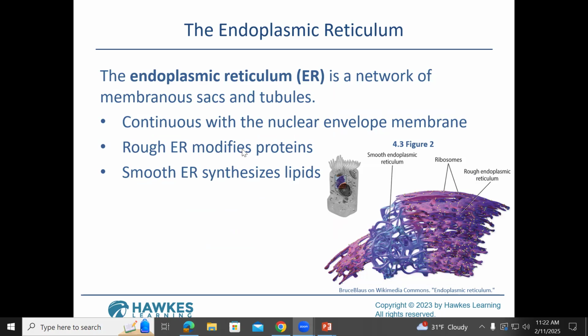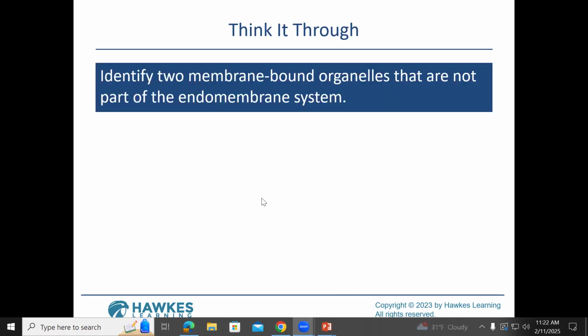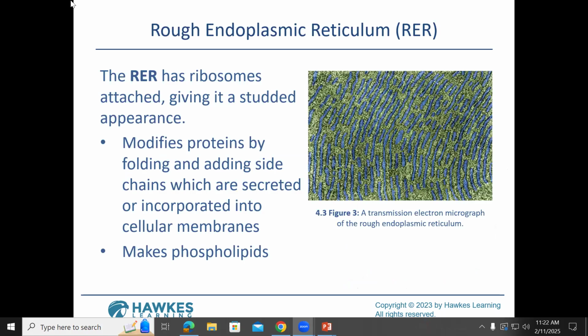So the rough endoplasmic reticulum modifies the proteins. There is a smooth endoplasmic reticulum. It synthesizes the lipids. So these are part of the endomembrane system.